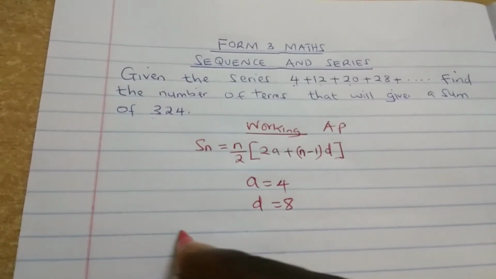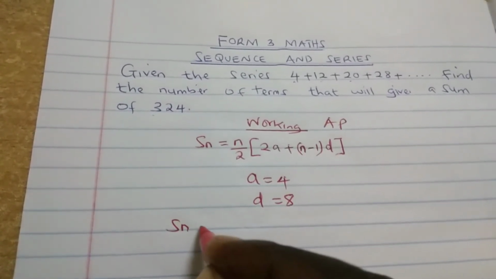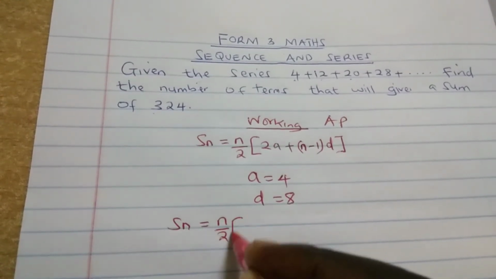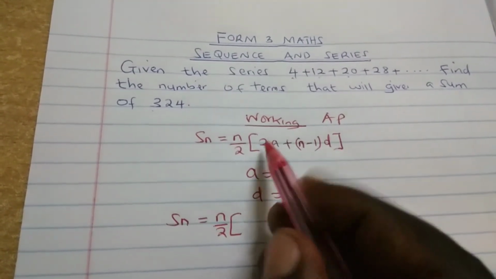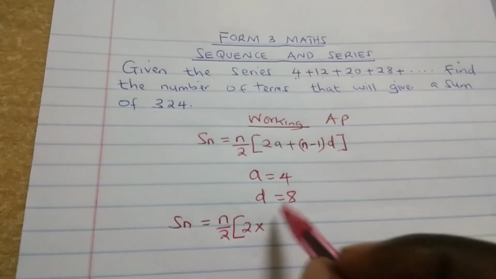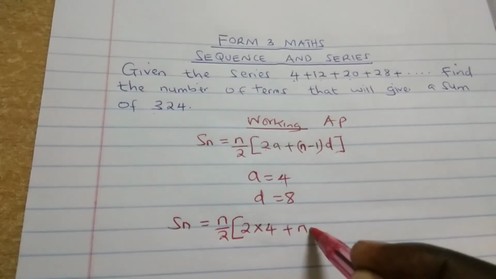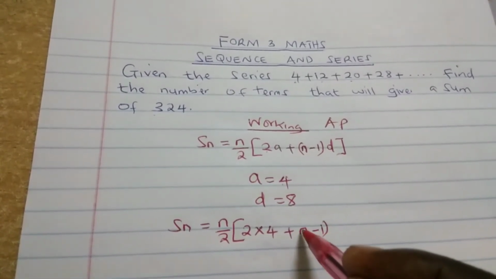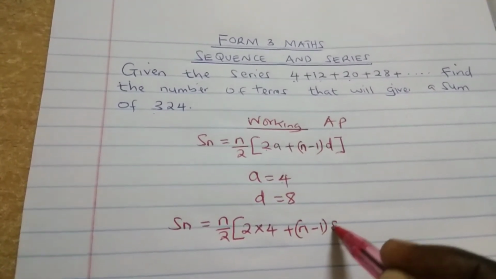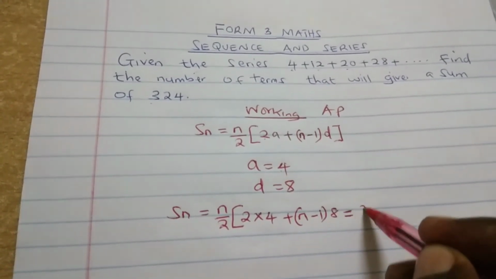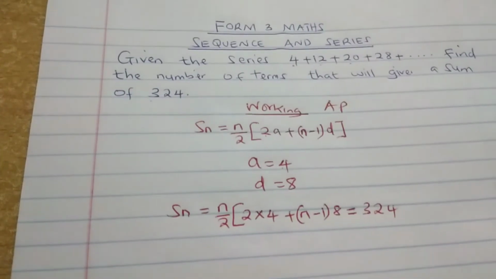Therefore, the sum of n terms is going to be equal to n divided by 2 into 2 times our a, and our a is 4, plus n minus 1 multiplied by d, and our d is 8, and this will give us a sum of 324.